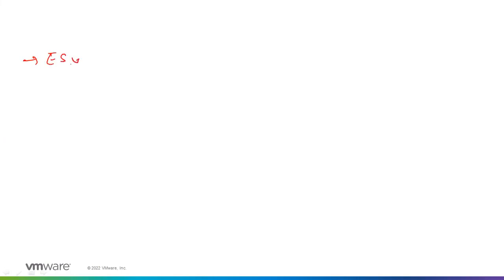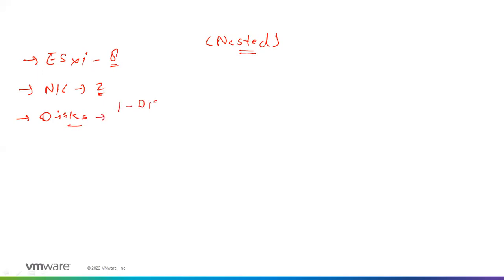Which hypervisor are you using now? Definitely we need it, build it out on it. Because we are going to build our lab in a nested environment, we need at least 2 NICs. From the disk perspective, just for testing purposes, 1 disk for cache and at least 2 disks for capacity.